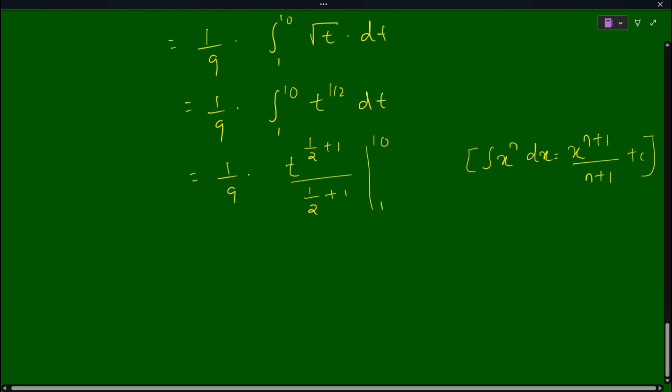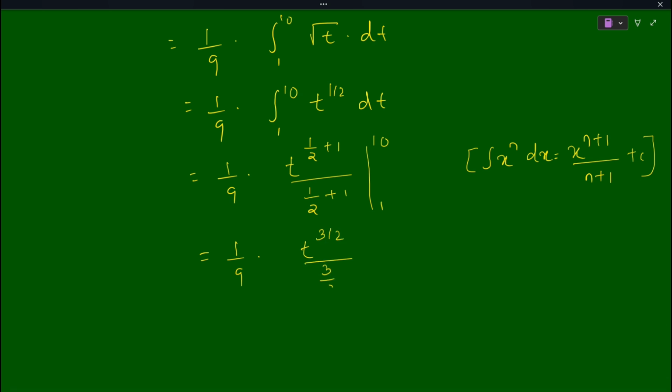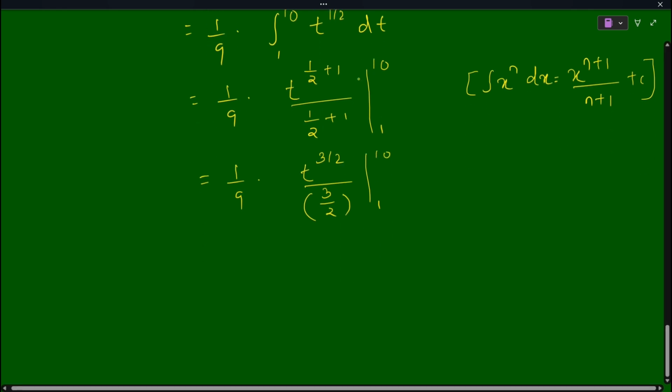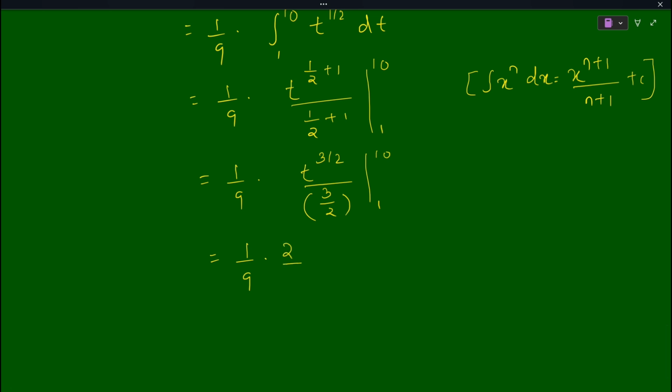It is t to the power 3/2 by 3/2, and the limits are from 1 to 10. So again let's take out this common factor, so it will be 2 by 3 into t to the power 3/2, with limits from 1 to 10. So what is this value then?